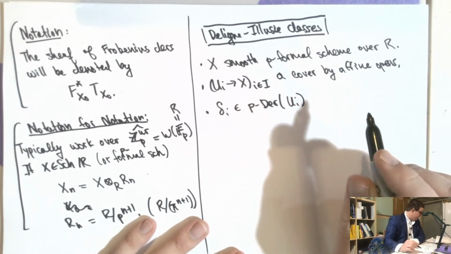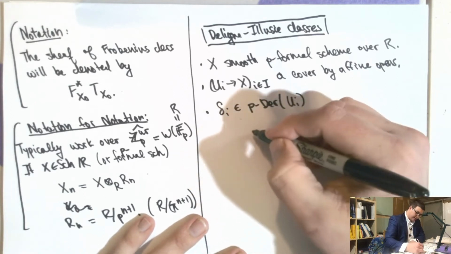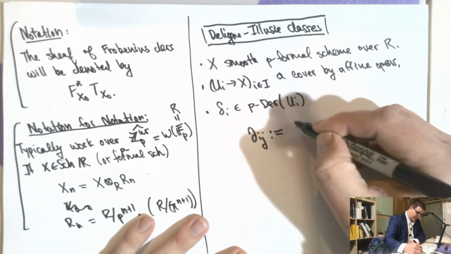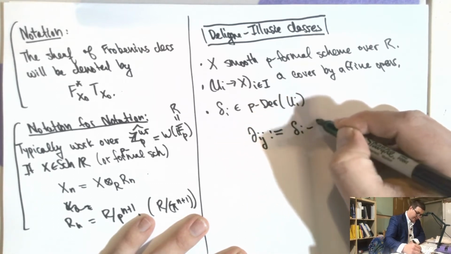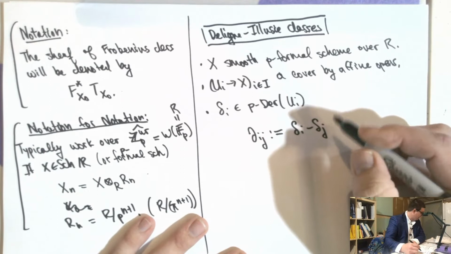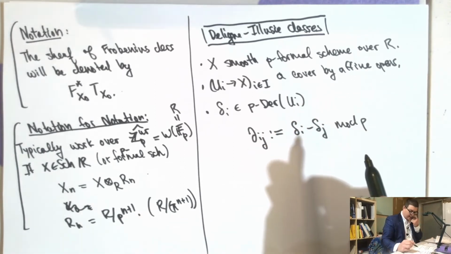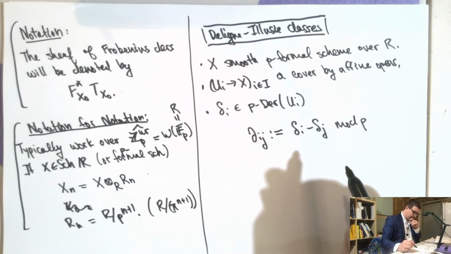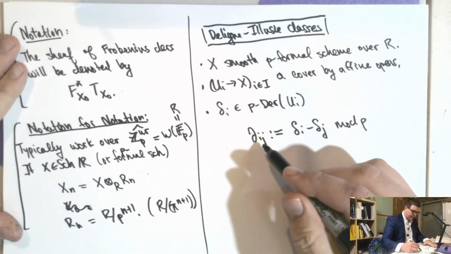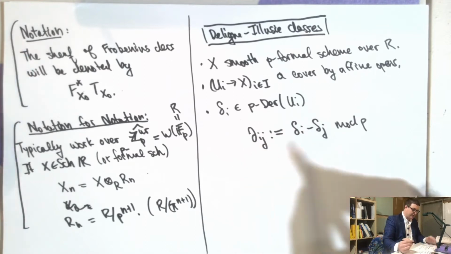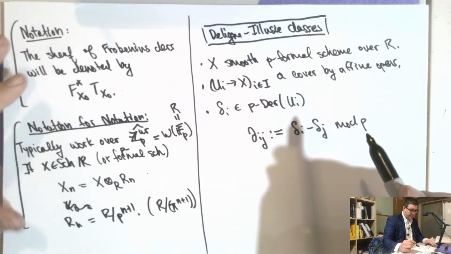Then we define delta_ij to be equal to delta_i minus delta_j mod p. This is the map where you plug an element in, take the two p-derivations, subtract them, and then reduce mod p.